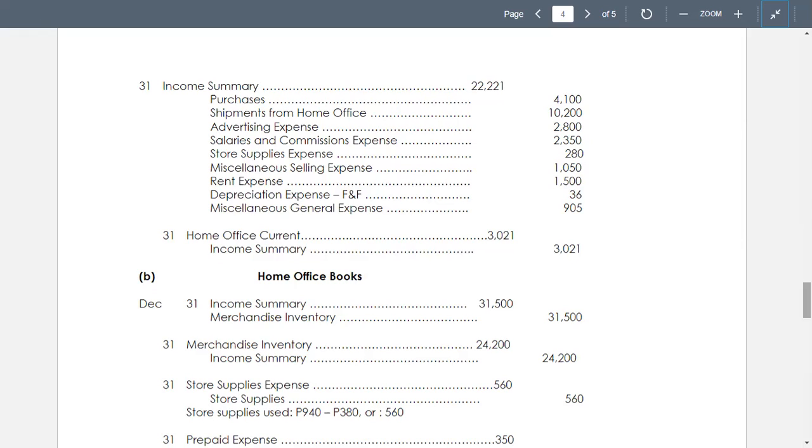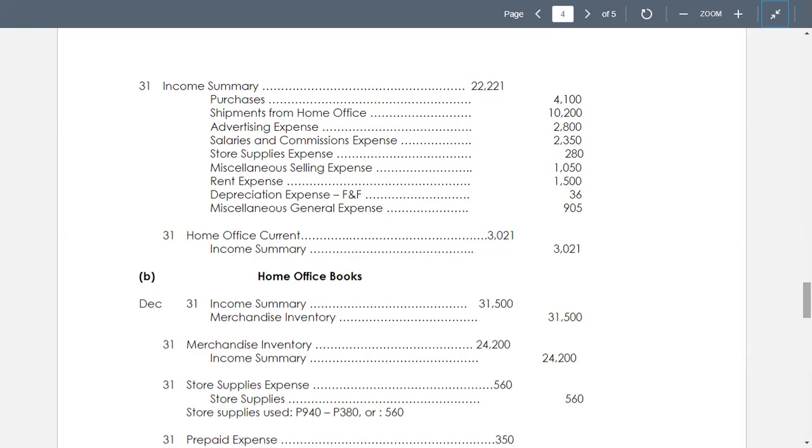The first is to debit income summary and credit merchandise inventory. Now this is for the beginning inventory of the Home Office. Then also we debit merchandise inventory and credit income summary for the ending inventory, the month of December.